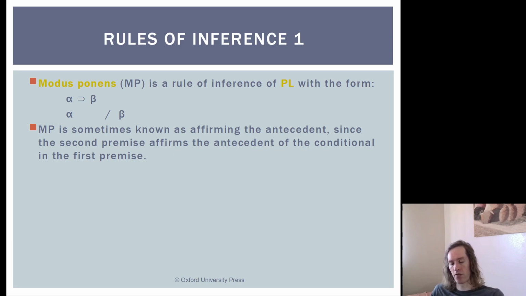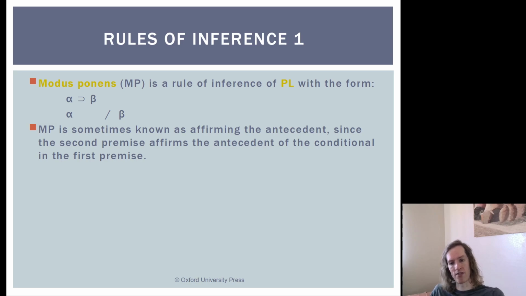So first, if we know that it's true that if alpha, then beta, remember this conditional is expressing a relation between alpha and beta such that if alpha is true, beta must be true. And our second premise is alpha. In this case, we know alpha is true. We're assuming alpha is true. Then it must be the case that beta is true.